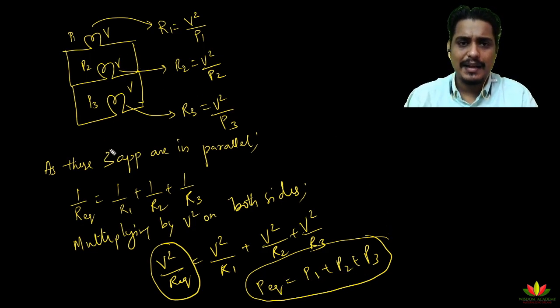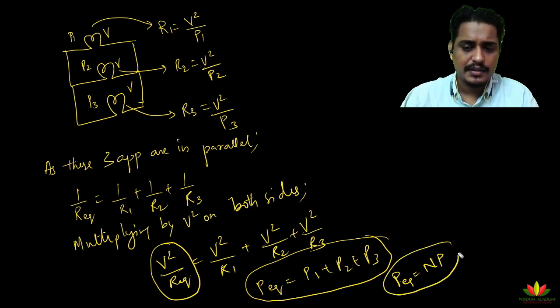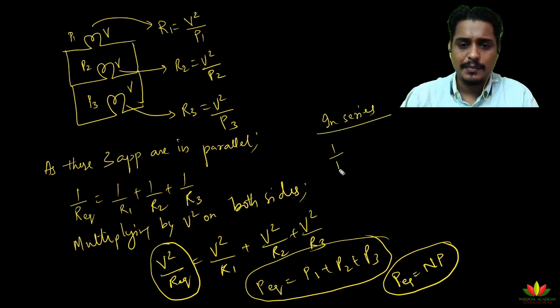And when these three appliances are connected in series, then their powers are added as 1 by P equivalent is equal to 1 by P1 plus 1 by P2 plus 1 by P3. So here, if there are n circuits, then P equivalent will be equal to n into P if each has power P. Whereas in series combination, we have seen that 1 by P equivalent is equal to 1 by P1 plus 1 by P2 up to n times.